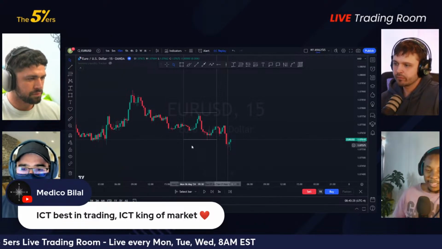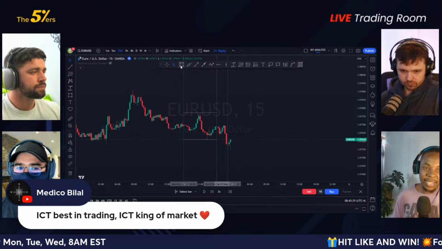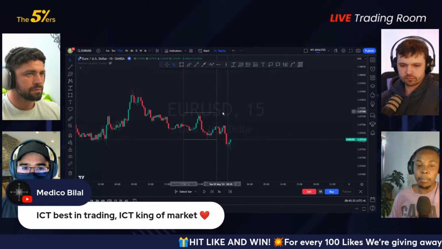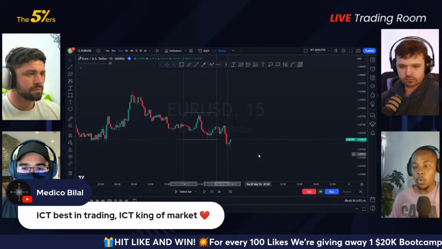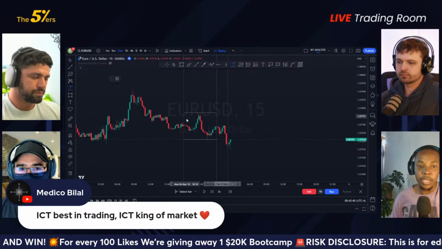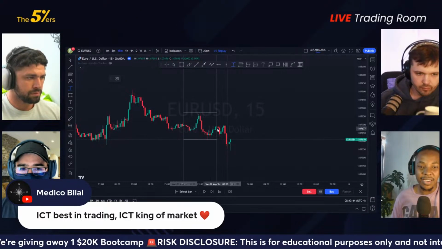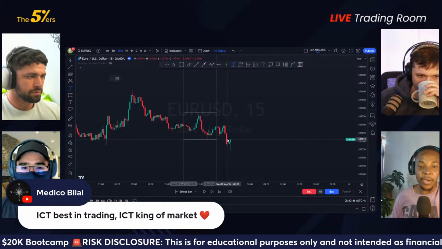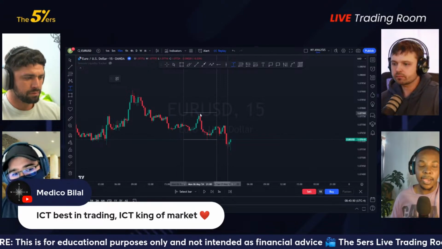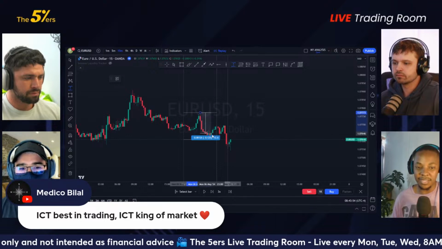Nice. Okay. And regarding the discount and premium, whenever you want to buy, obviously you want to buy low, and whenever you want to sell, you would want to sell high. For example, if you wanted to sell this Euro USD right here, you don't want to sell right now at these lower prices. You'd want some sort of premium price, which is higher prices.